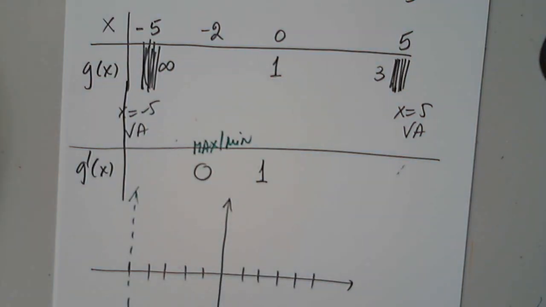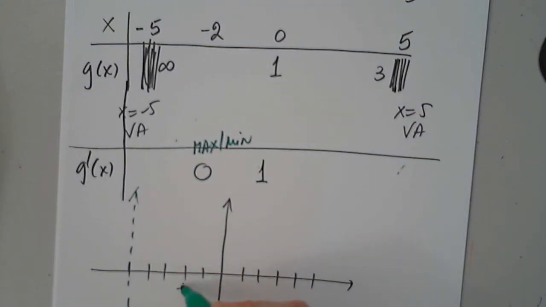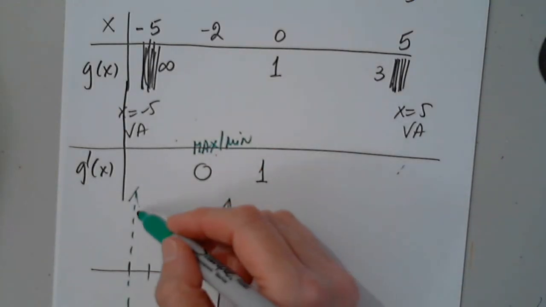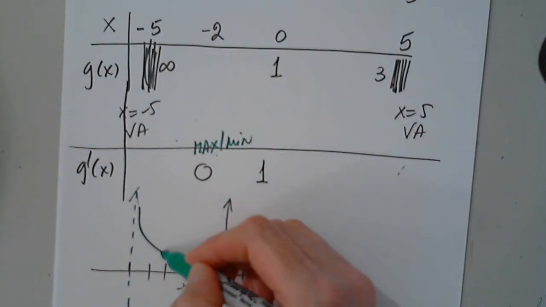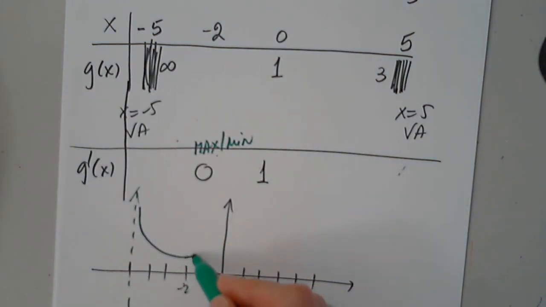We know that already, that at -2 the function is coming from positive infinity, but it has a max or a min, so if it comes from positive infinity, the slope here is 0.